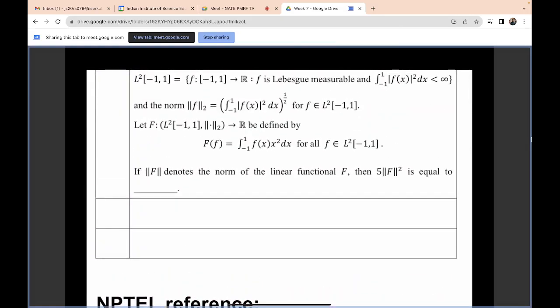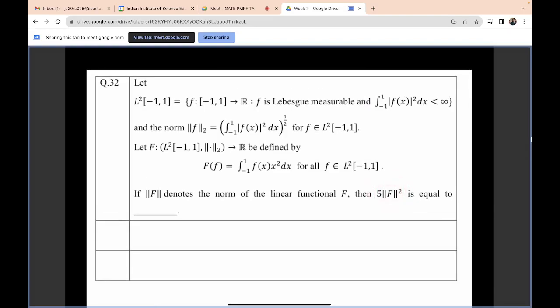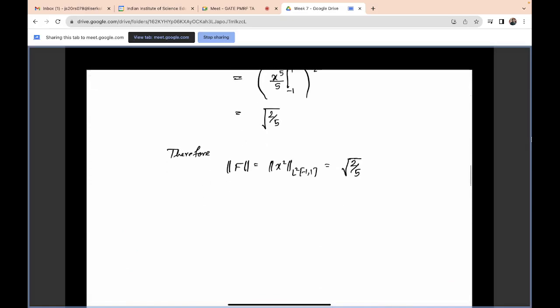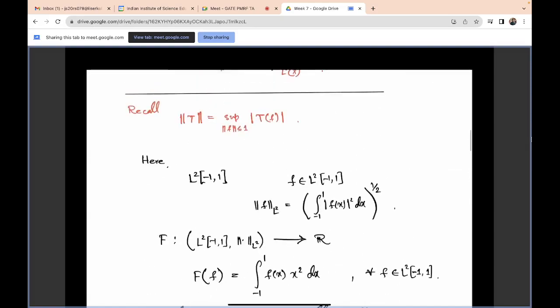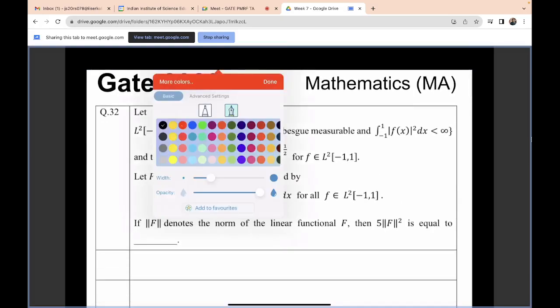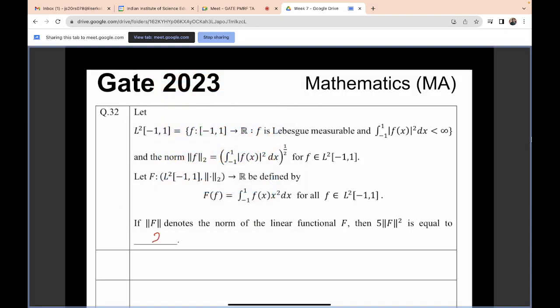We have to find the value of 5 times norm of F squared. Five times norm F squared, 5 into 2 by 5, is 2. So the answer is 2.